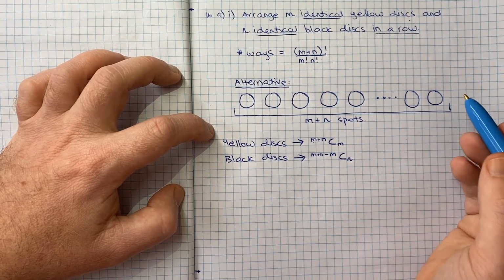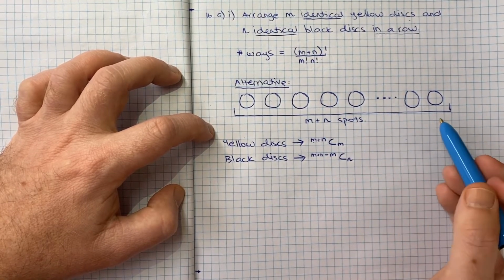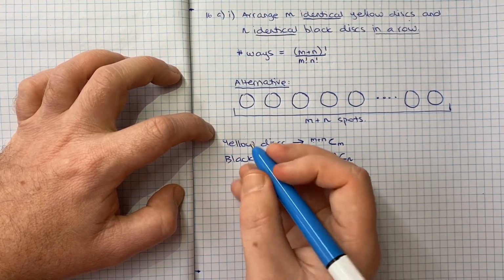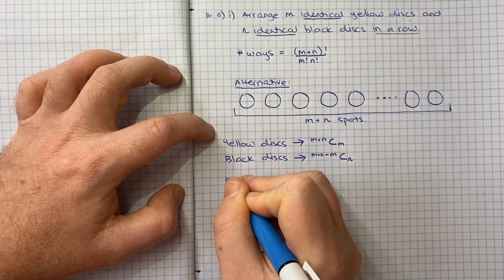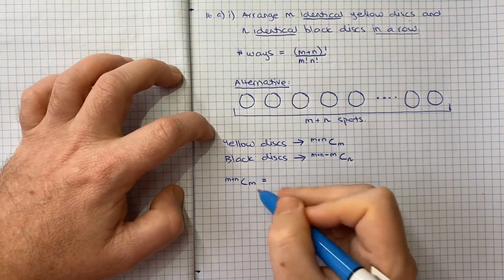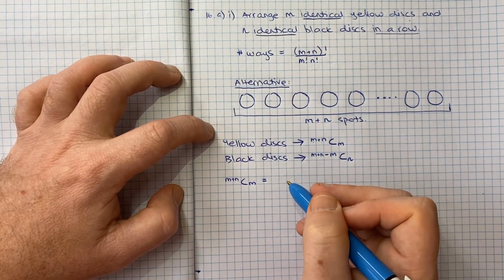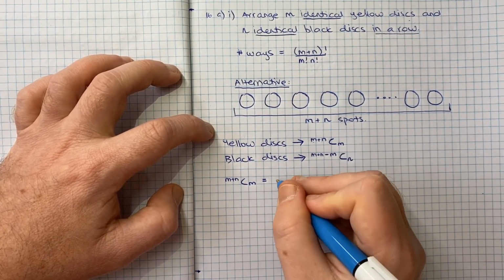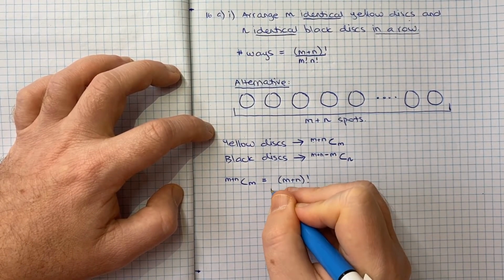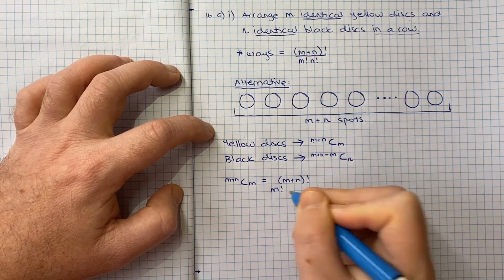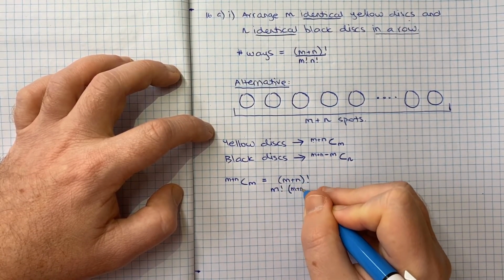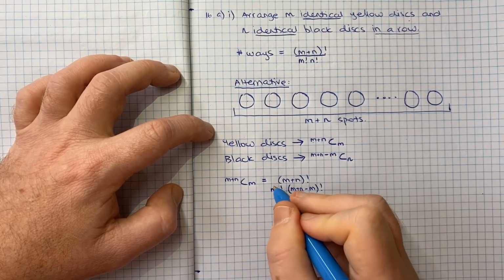So with a few extra steps of working, we'll get to the same place. As I mentioned, if this is an approach that makes more sense to you, feel free to go for it. If I start with the yellow discs, we can say M plus N C M. We just use our combination formula to get that into factorial format. So it's going to be M plus N factorial divided by M factorial times M plus N minus M factorial.